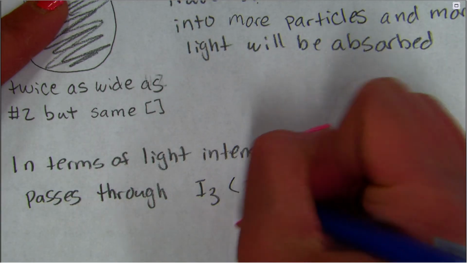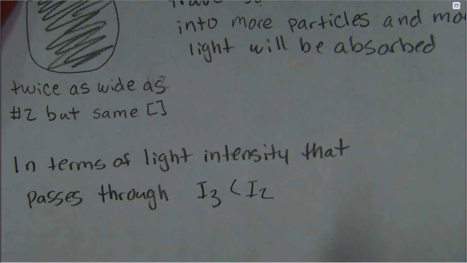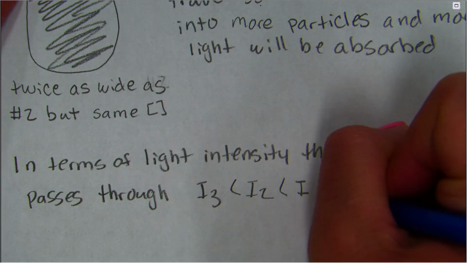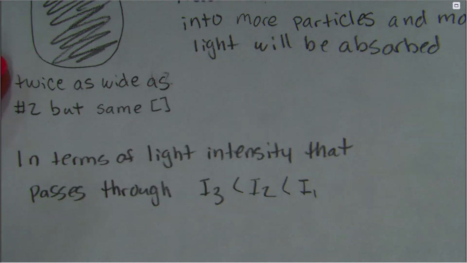Number 2 is next because its concentration is the same as 3, but a shorter distance to travel. And then 1, where we have the shorter distance to travel and a lower concentration. So 3 is less than 2, which is less than 1.